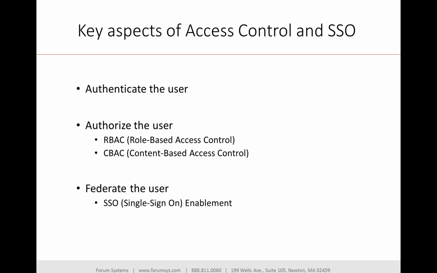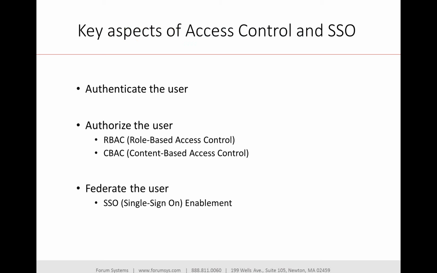So when we look at the key aspects of this, there's really 3 components of access control and SSO. If you break it right down, you want to authenticate the user, and you want to authorize the user. Now when we talk about authorization of the user, we're talking about the combination of role-based access control, what the user can do and who the user is, and what the user is allowed to access, but also the content-based access control component of that, what information is being retrieved or sent in and out of the environment.